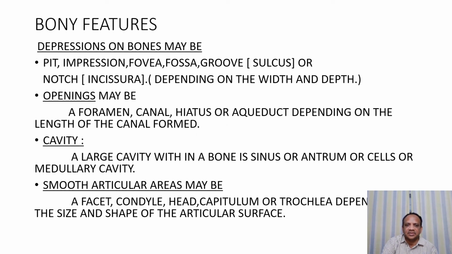You can see depressions are also seen on the bones. If the depression is very little, that is called a pit. If it is caused by another structure which is passing very close to the surface of the bone, that is called an impression. Fovea is a somewhat larger depression, fossa is somewhat larger still, depending on the size, width and depth.